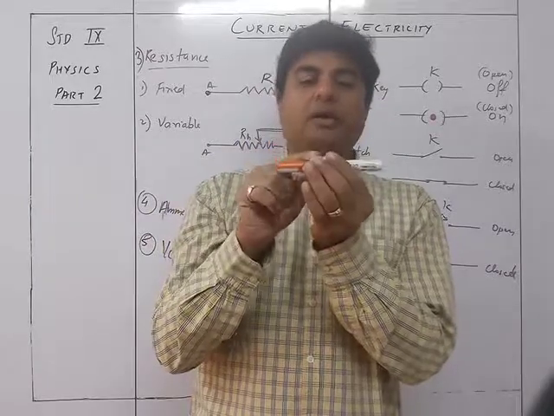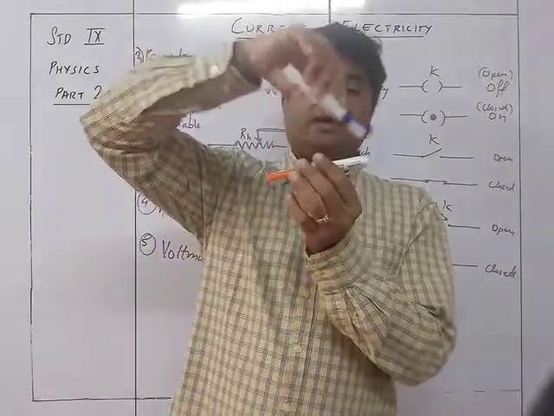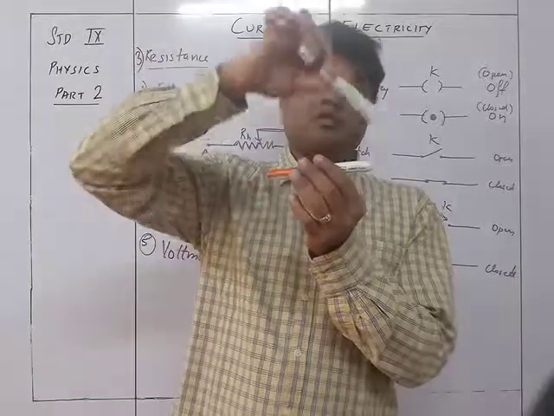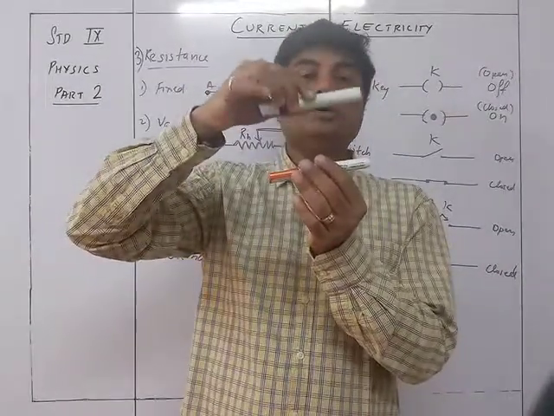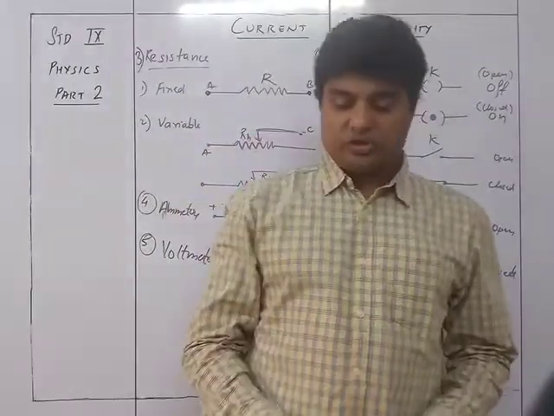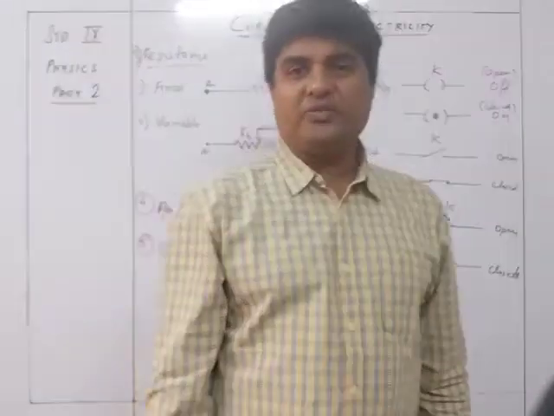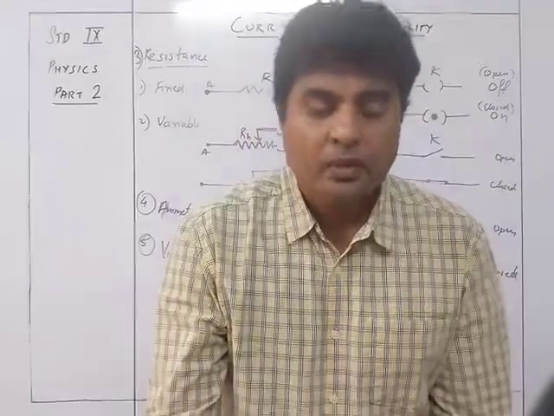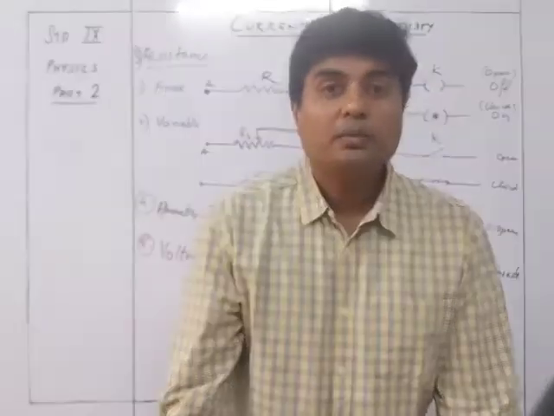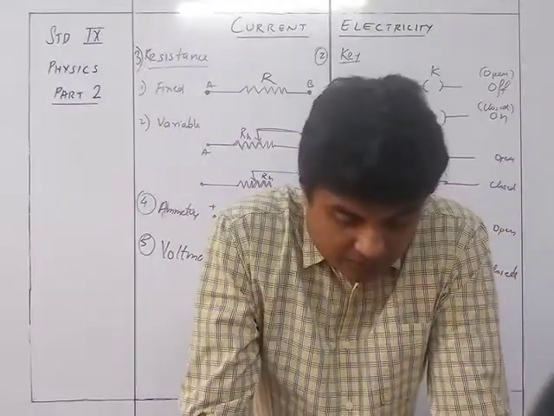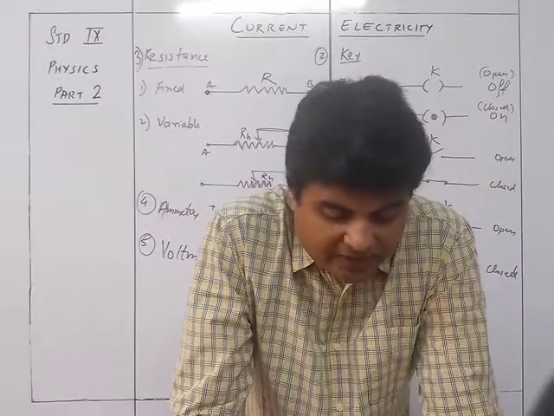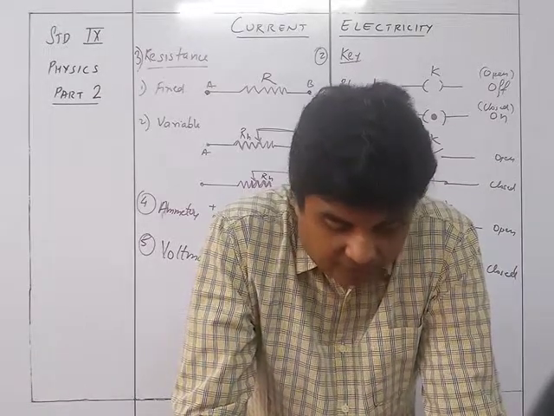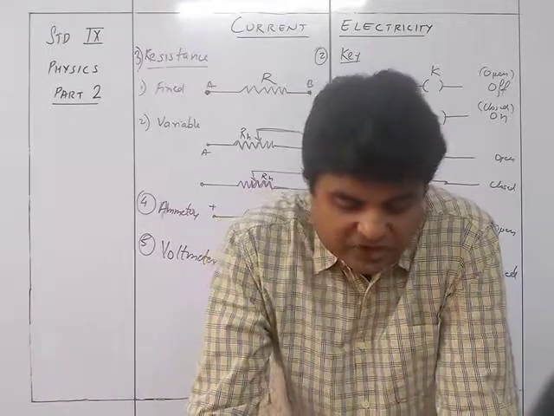Suppose there is a bulb over here, then this one and this one are going to be connected across it, so that the voltmeter will show the potential difference or the voltage across the bulb.